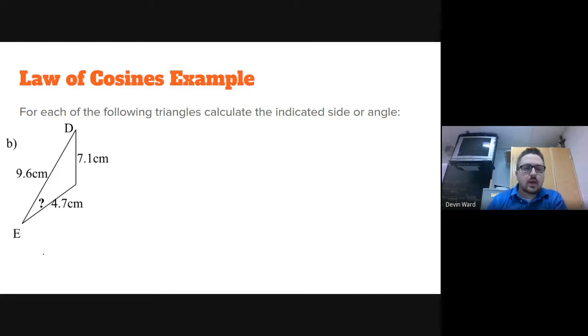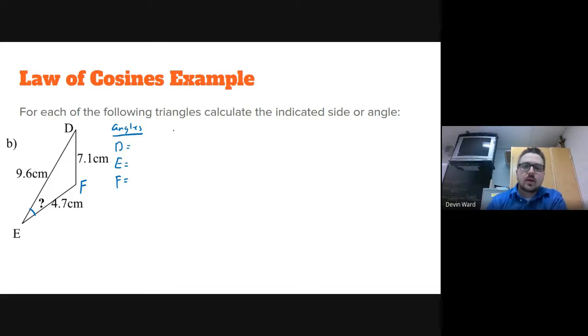Okay, so here, now we're looking for angle E. We have our angles D equals, E equals, oh, nothing is labeled, but we can call it F. F equals.